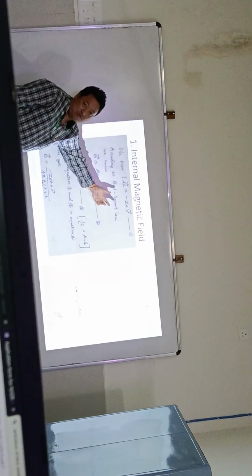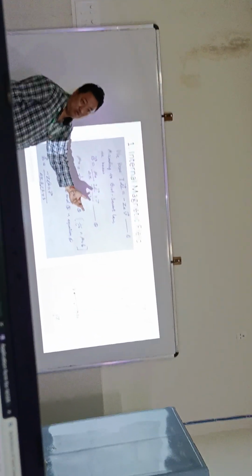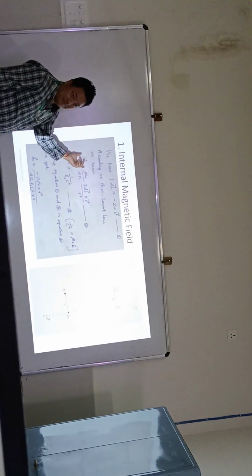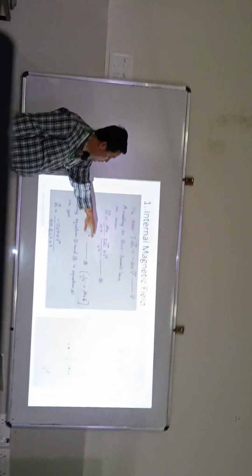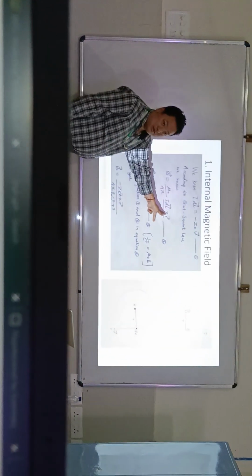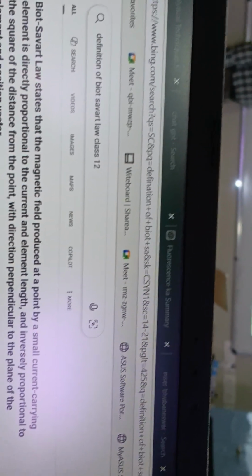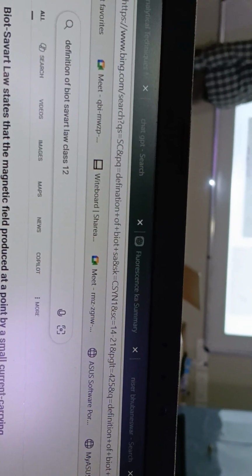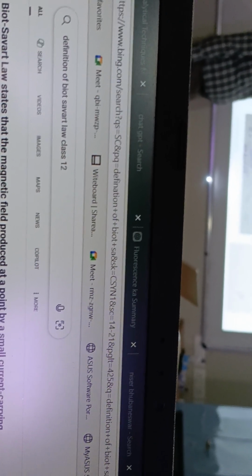The Biot-Savart law is a fundamental electromagnetic law which says that the magnetic field B vector is given by mu naught divided by 4 pi, times the current times R vector divided by R cubed. This means the magnetic field generated by any current at a particular point is given by mu naught divided by 4 pi.